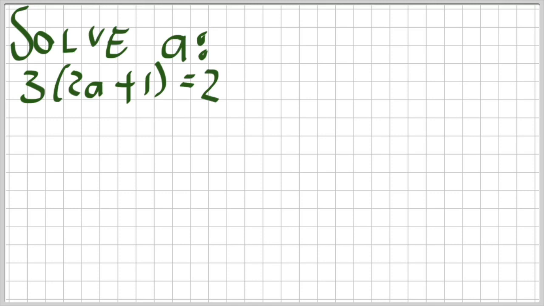But I'm still going to take a guess. I'm going to guess that my answer mustn't be 0, but must be close to 0, because if I substitute 0 into that bracket, I'm left with 3 times 1, which is 3. So it's close to 2. It's not going to be exactly 0, but it's going to be close.